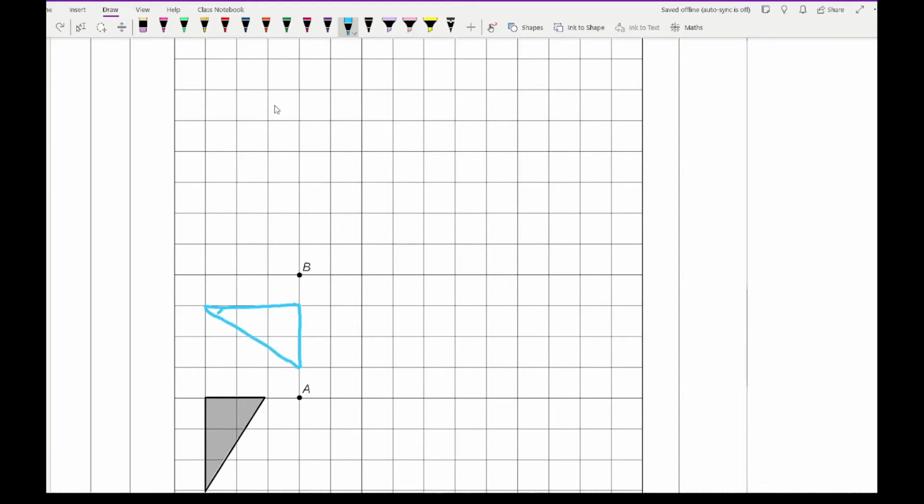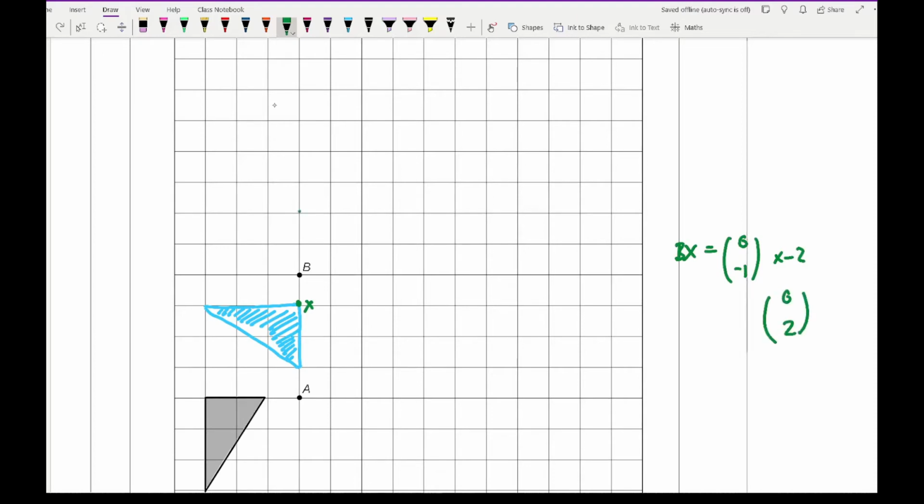Let's work it out. So that's your first point, and then what you then want to do is enlarge this shape by a scale factor of -2. So -2 means it's going to flip. So for example, if I pick a point here, and if I just call it X, so B to X is 0, -1, and if I multiply that by -2, then that's going to be 0, and then it's going to be +2.